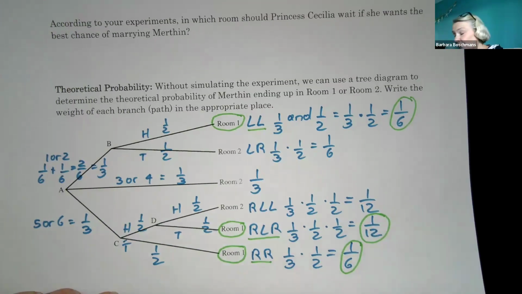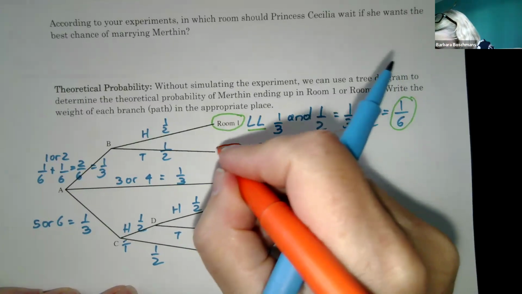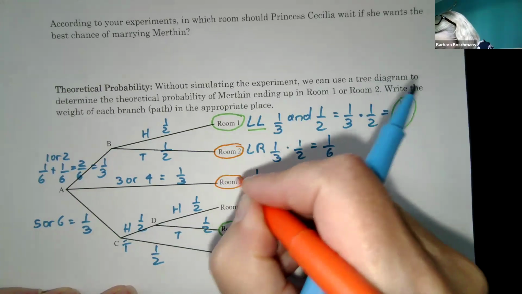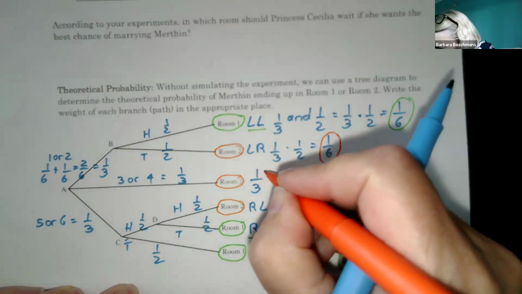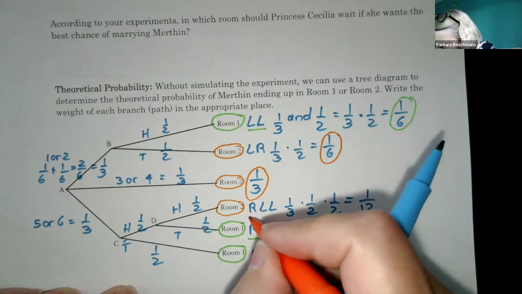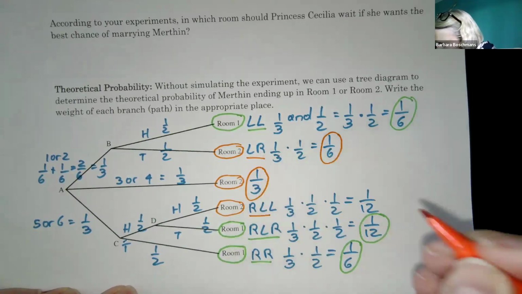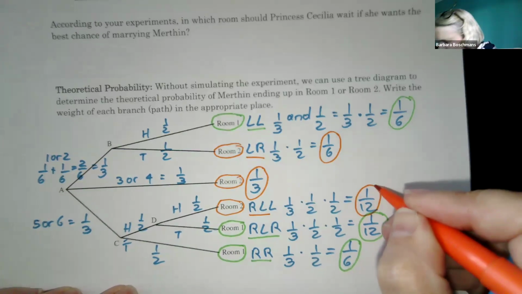So there are 3 different ways you can end up in room 1. In order to get to room 2, you have these 3 paths. You either go left, right, which was a probability of 1/6. You go straight, which is 1/3, or they went right, left, left, which is 1/12 again.